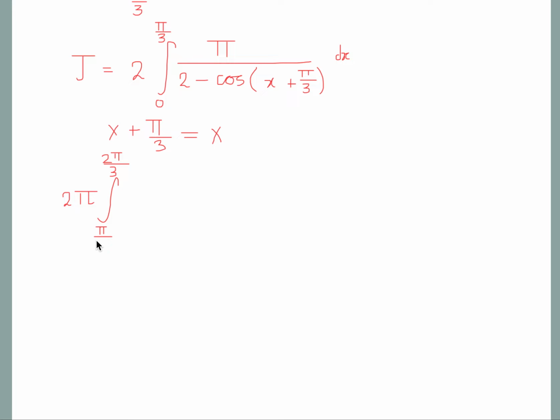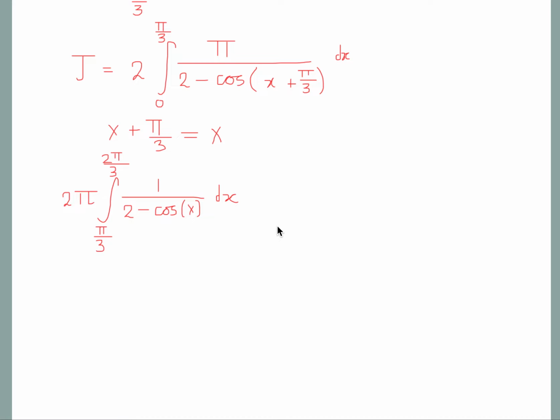So that's going to be our limits. I don't really need to differentiate this like how I did the first one, because if I differentiate I just get dx equals dx, because nothing really is going to change here. So I'm just going to end up with 1 over 2 minus cosine x dx.